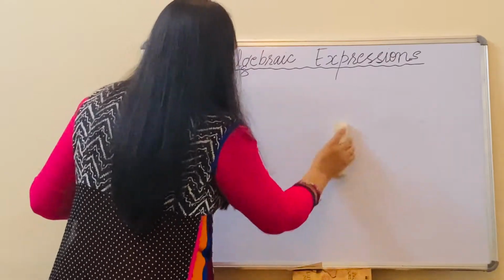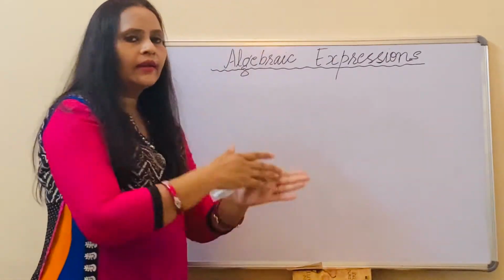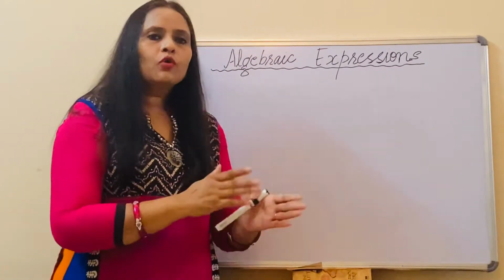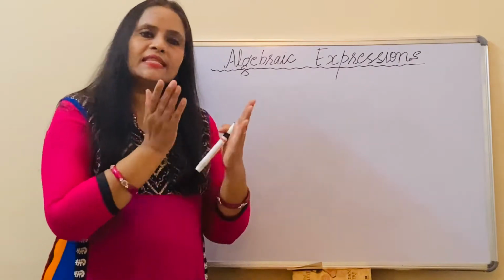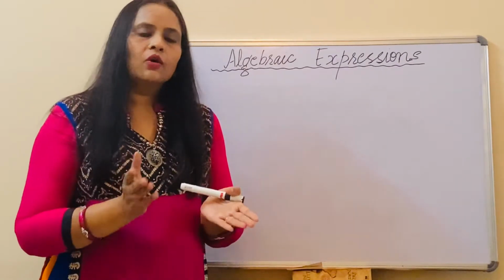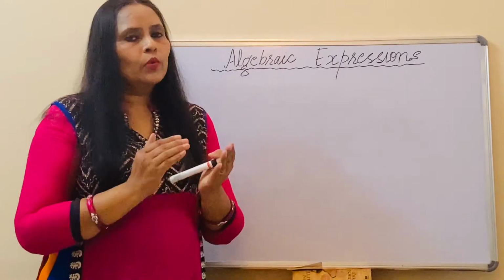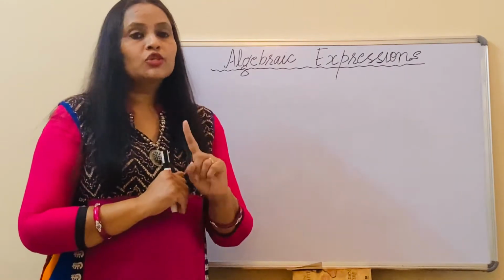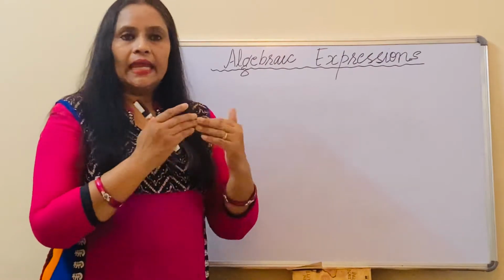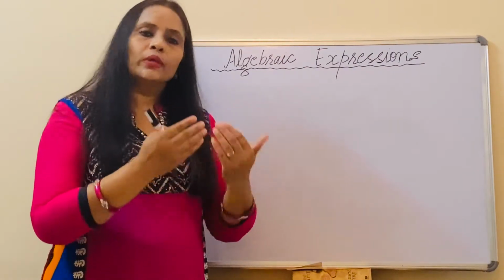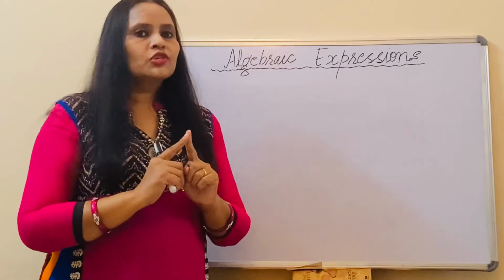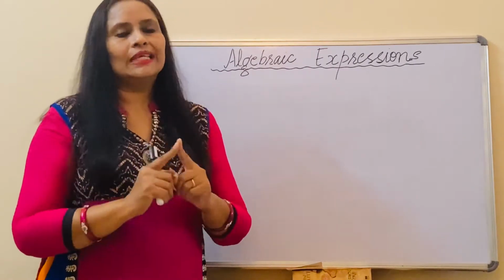We can add the same number to both the left hand side and right hand side. We can subtract the same number on both the sides. We can multiply both the sides with the same number, but the number should not be 0. Again, we can divide both the sides with the same number, but the number should not be equal to 0.